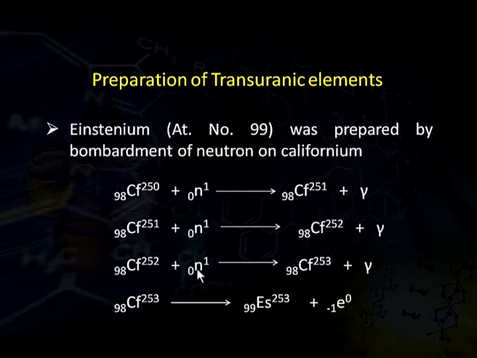Then 252 is bombarded again with a neutron to convert into californium 253. All these isotopes are prepared by successive neutron bombardment, and then californium 253 is ultimately converted into einsteinium 253, emitting a beta particle. So, this is how californium is converted into einsteinium.